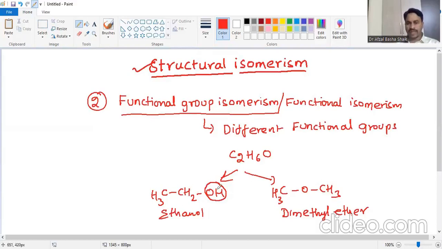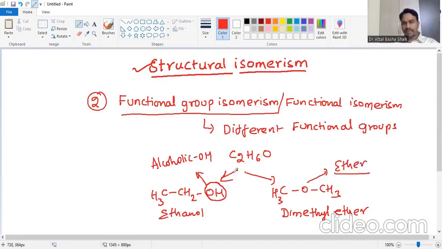The molecular formula is same, but here you have an alcoholic OH, whereas this linkage is an ether. That is why they have the same molecular formula. That's why they are isomers, but they have different functional groups. Such type of isomers are called functional group isomers, and it is also called functional group isomerism or functional isomerism, right? I hope it is clear.